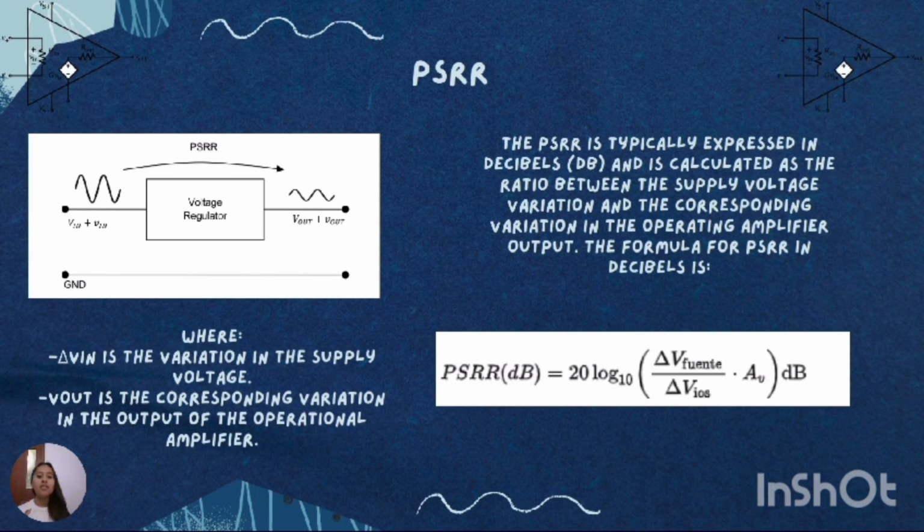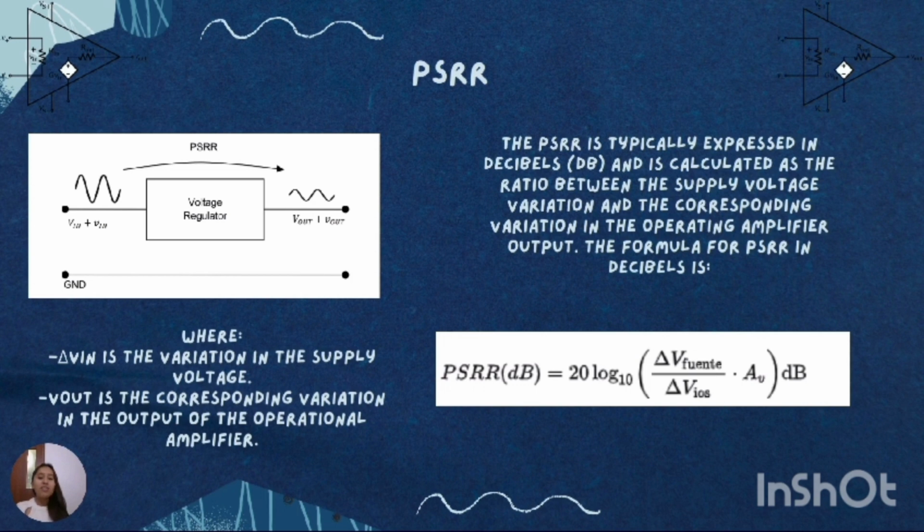The PSRR is typically expressed in decibels, dB, and is calculated as the ratio between the supply voltage variation and the corresponding variation in the operational amplifier output. The formula for the PSRR in decibels is this.